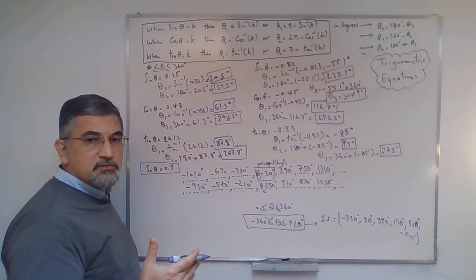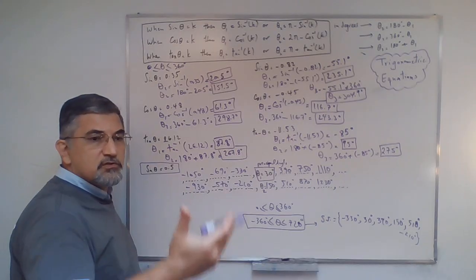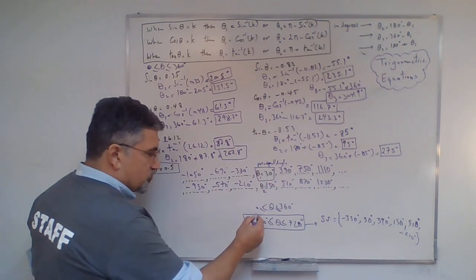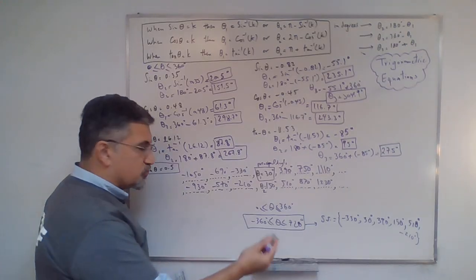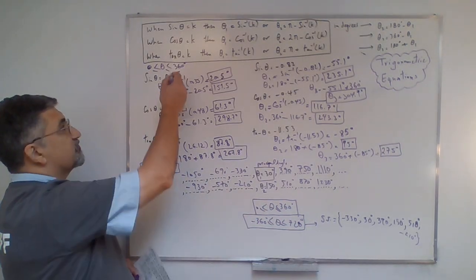So because trigonometric functions are periodic, they have infinitely many solutions. And usually they don't want you to find millions of solutions. That's why they restrict the domain from 0 to 360, like in our first exercise.